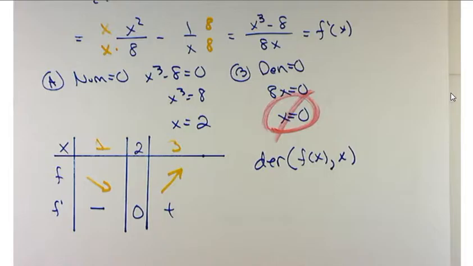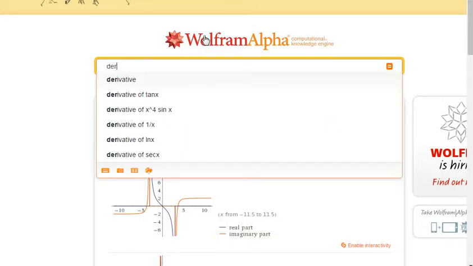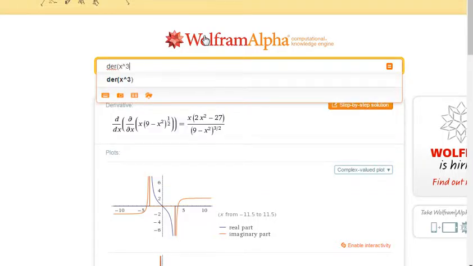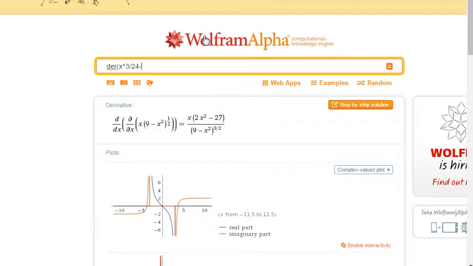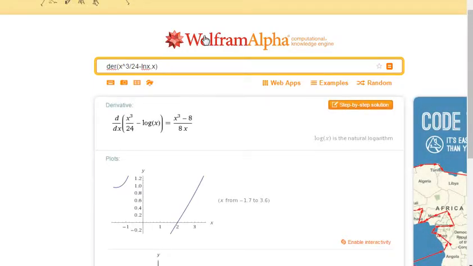So, let's try it. DER of x raised to the third divided by 24 minus ln of x, comma, x. Of course, this is just the first derivative, right? I need the second derivative. Isn't that special? They did exactly what we did.